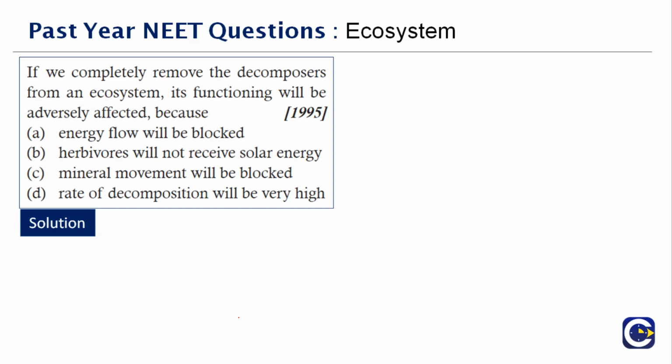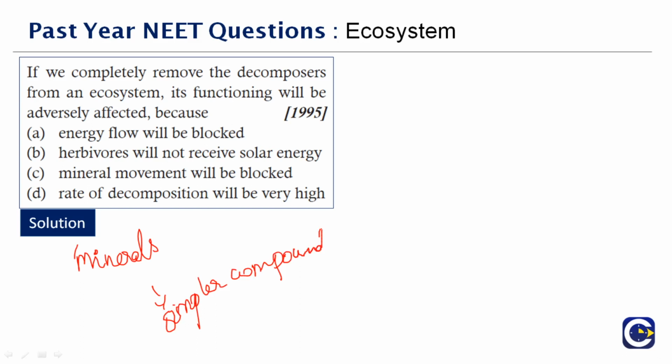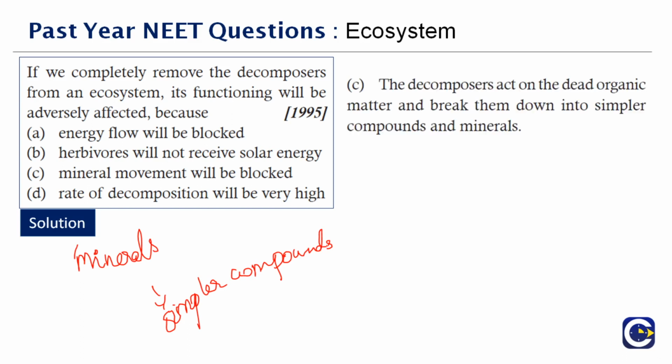Now, if you completely remove the decomposers from the ecosystem, you're actually blocking the minerals. Once it is getting converted into simpler compounds, they are in a form that the earth or the land can absorb it, right? So when you happen to remove them, the mineral movement will be totally blocked. Therefore the right answer is option C.